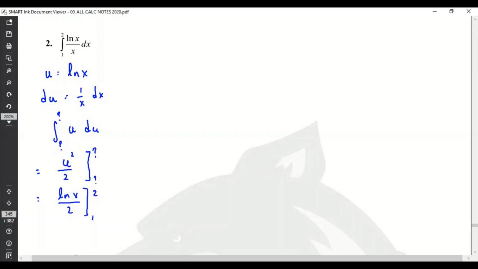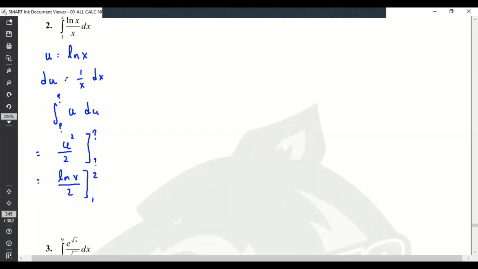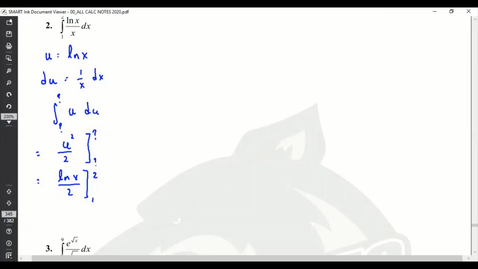So we just kept our limits. Once we've done our substitution back, then this ends up being correct. And this ends up being, sorry, I'm missing the fact that this is ln x squared over 2.